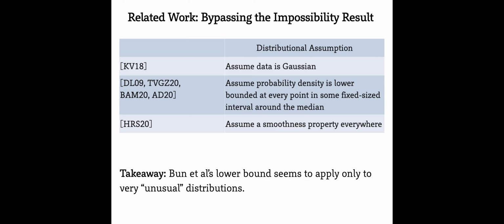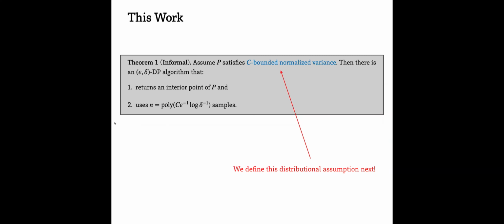And so the goal of further research and the goal of our paper was to formalize this intuition with a very light distributional assumption. In this work, we introduce an assumption called C-bounded normalized variance.